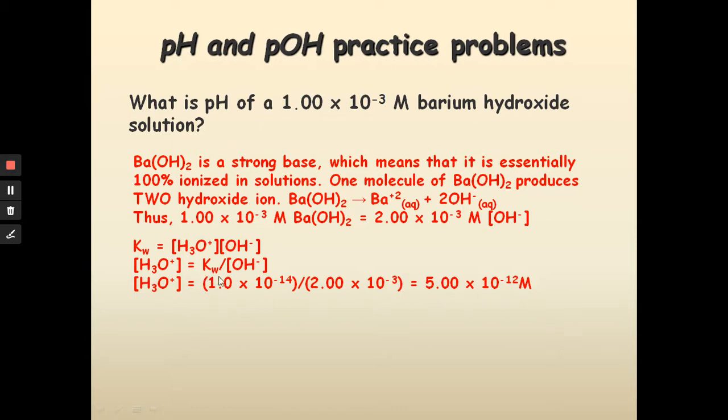Well, Kw is a constant, so remember it does not affect your significant figures. Only the given number does. Now, once you have this number, go ahead and plug into the pH calculation. Negative log, and you put the 5.00 times 10 to the negative 12th power molarity, and you'll get the answer 11.3.